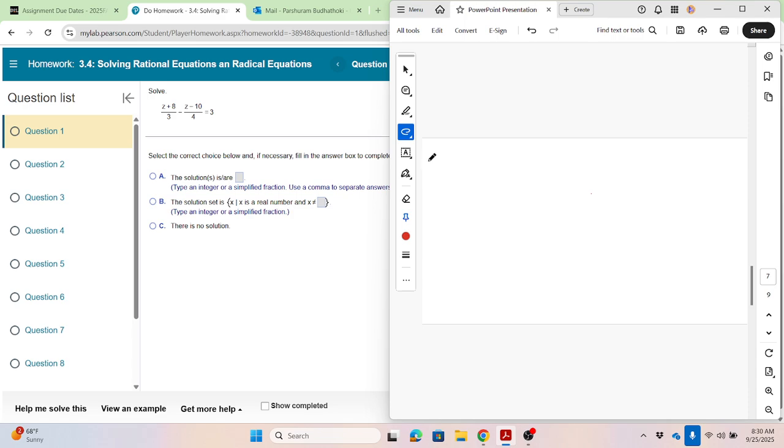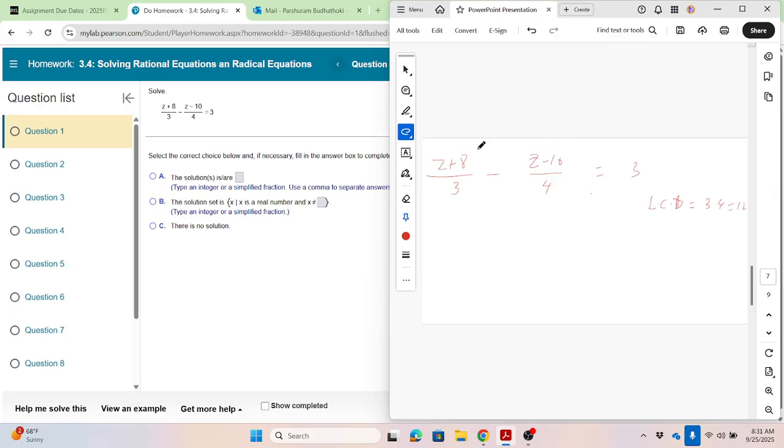As you can see here, the equation is z plus 8 over 3 minus z minus 10 over 4 equal 3. The LCD is the least common multiple of 3 and 4. So LCD in this case, because they don't have common factor, it will be 3 times 4, which is 12. So multiply both sides by 12.